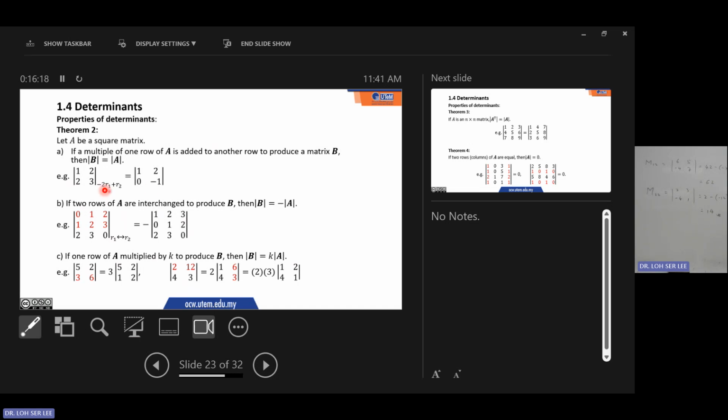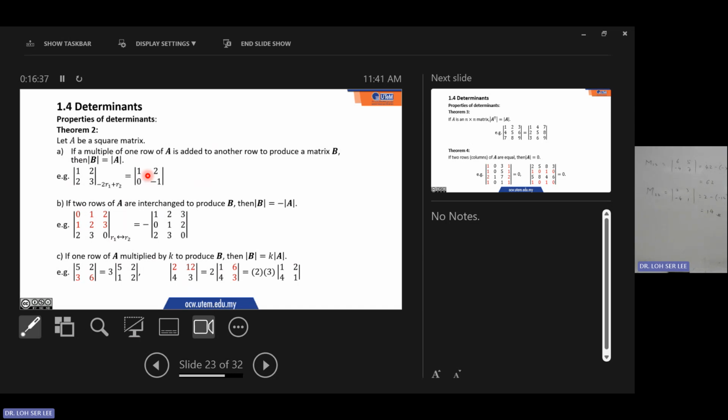But if you are not clear with what this is or how to get this, don't worry at this stage, because we will look at this once again in chapter 2 in more detail, and by that time I will make sure you know how to find the new matrix.